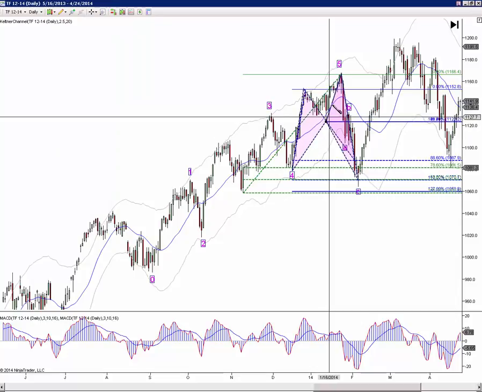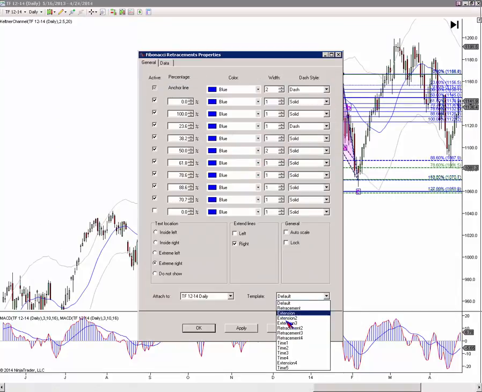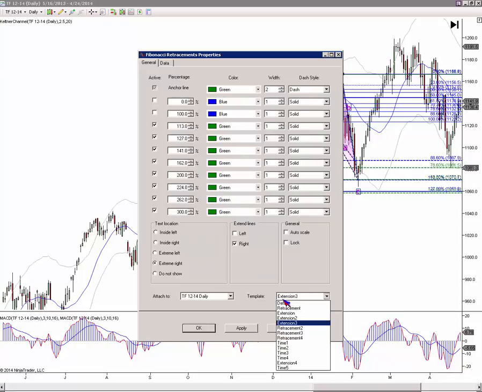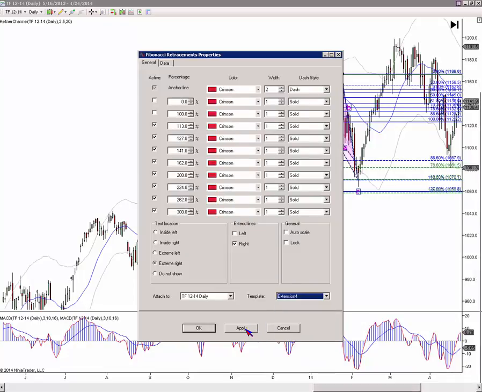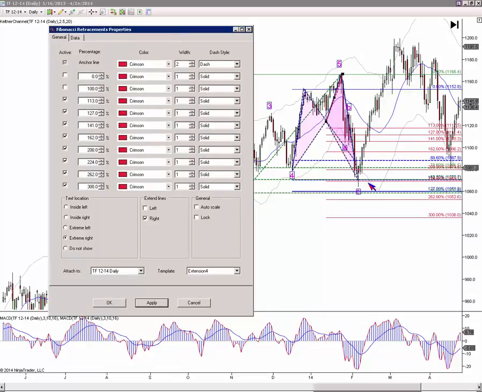So from B to C in our harmonic world, we're going to see that the 162, the 200, and the 224 are important in the harmonic for the shark.